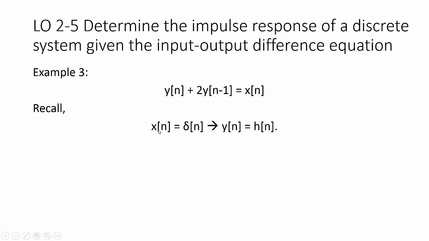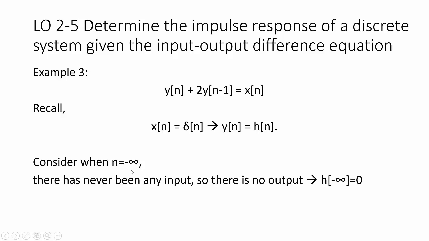Recall that we're saying that if our input is our impulse function, our output is our impulse response. What happens at the very beginning of time when n is negative infinity? We're looking at the impulse response to an impulse, and this has a non-zero value first when n is 0.